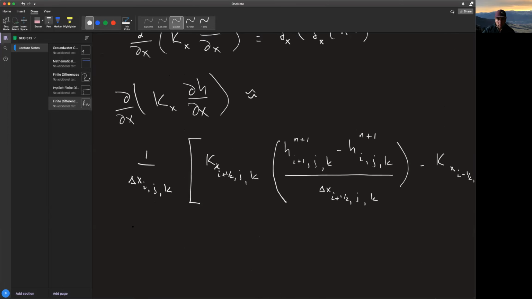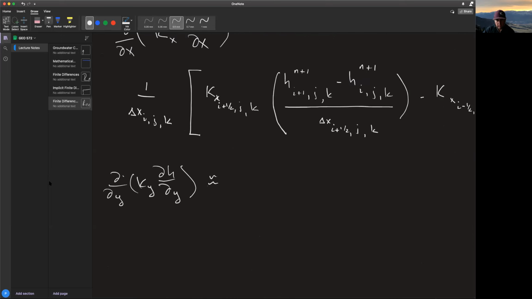So I'll write it for the y here. So d/dy of k sub y dh/dy can be approximated by 1 over delta y i j k times parentheses k sub y, i, j plus 1/2, k, because now we're looking in the y direction.